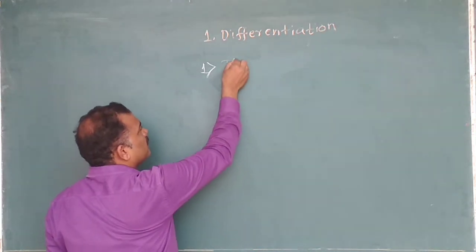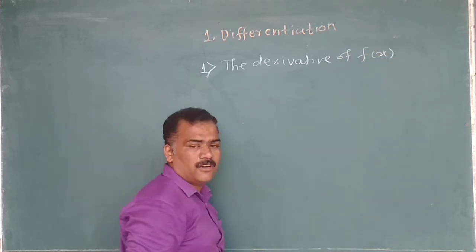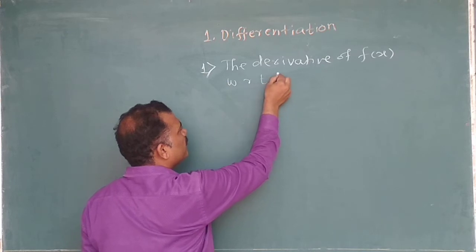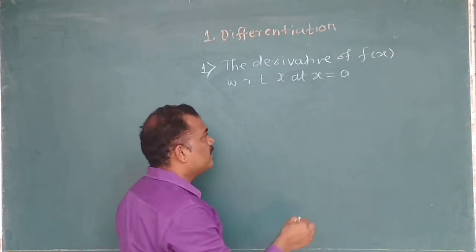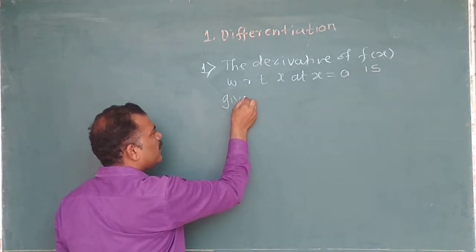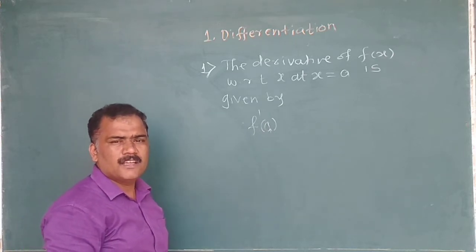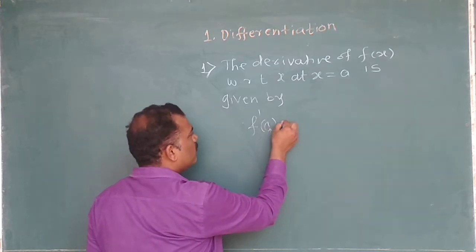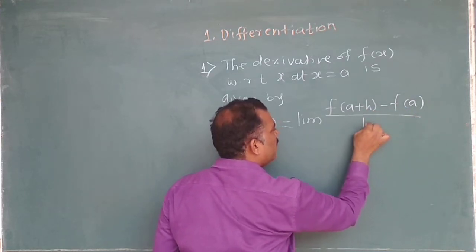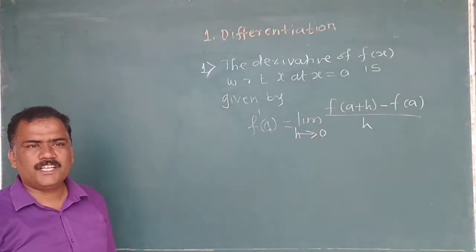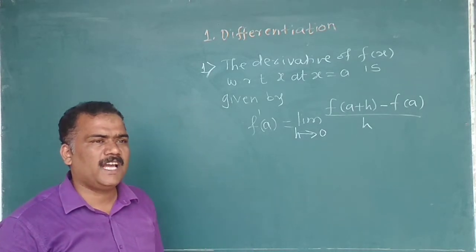We know that the derivative of f of x with respect to x at x is equal to a is given by f dash of a, which is equal to limit of f of a plus h minus f of a divided by h, limit as h tends to 0.